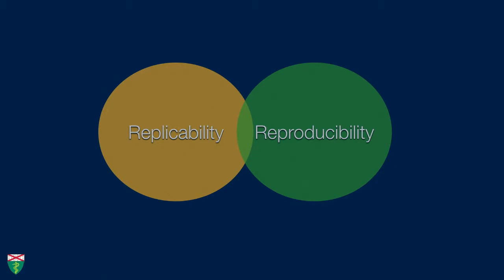Replicability in this context is really about taking a research idea and using that similar type of protocol and going to a different location to replicate those results. Reproducibility, I think, is much more akin to computational reproducibility, in that you have your data set, and you're trying to get to the end result that they got using that initial data set. I would group that into reproducibility, the other one into replicability.